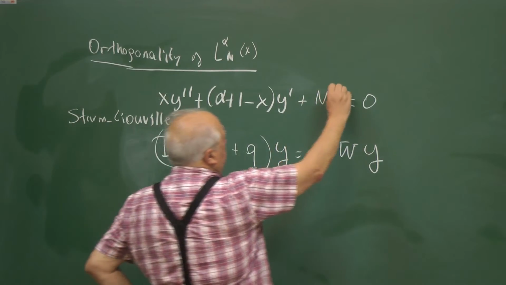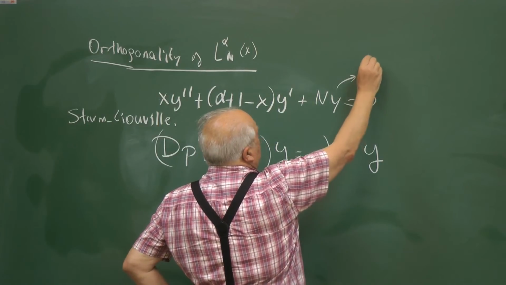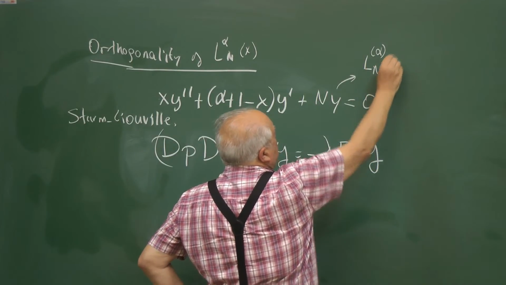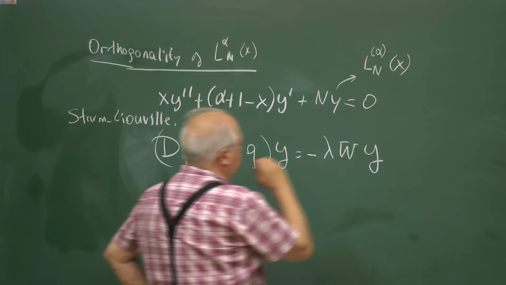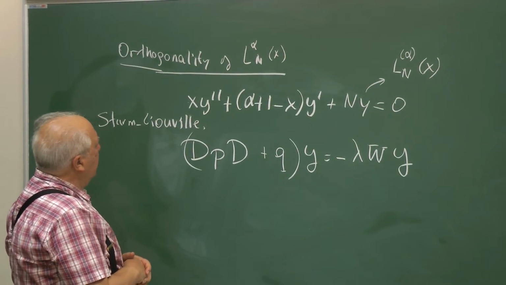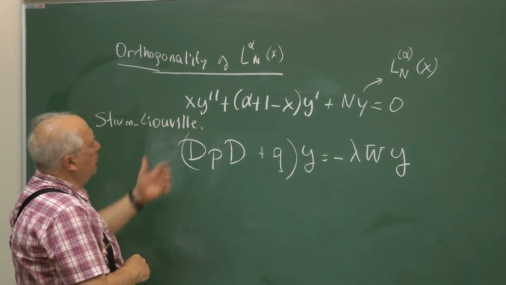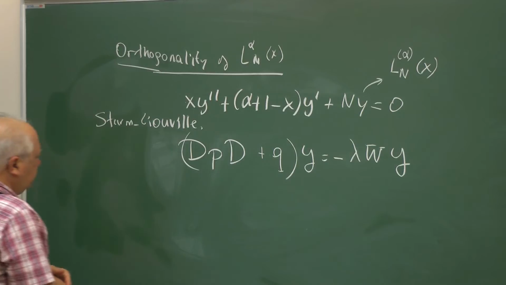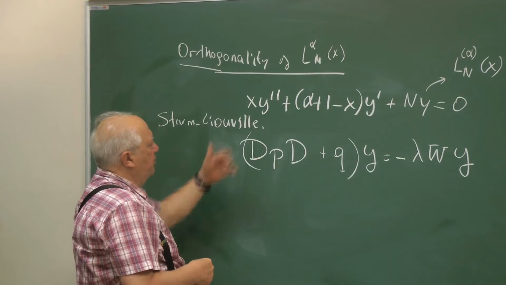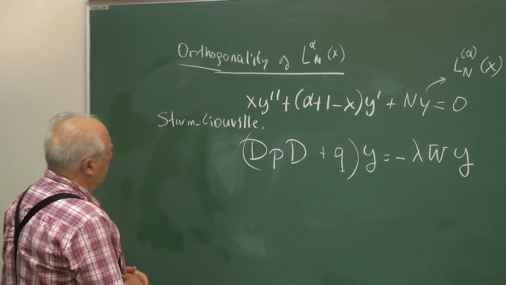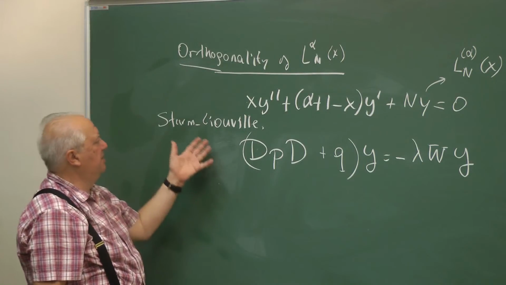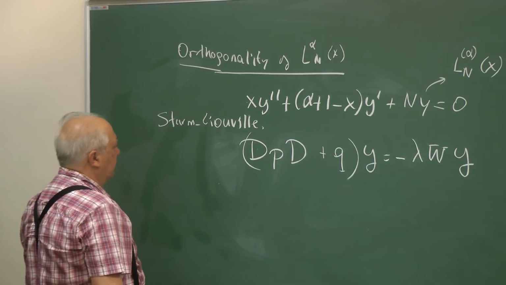By the way, we know that the solutions of this thing that do not explode at infinity are the associated Laguerre polynomials that we studied. Now we are looking at the orthogonality properties of these polynomials and what is the Sturm-Liouville form of this equation. And so we will try to form a correspondence. By the way, this is just an application and I'm not giving the general theory of Sturm-Liouville.